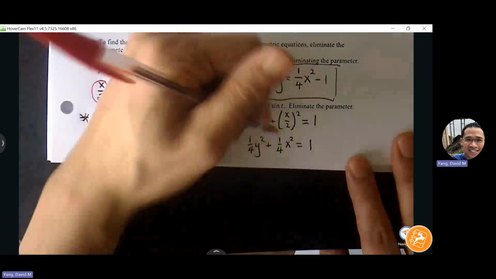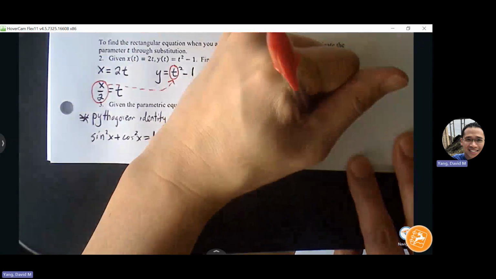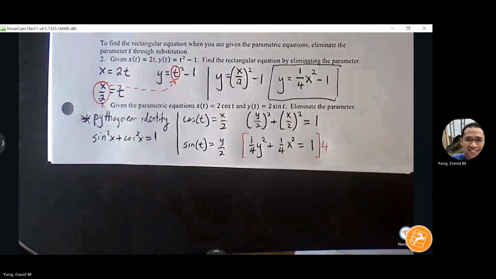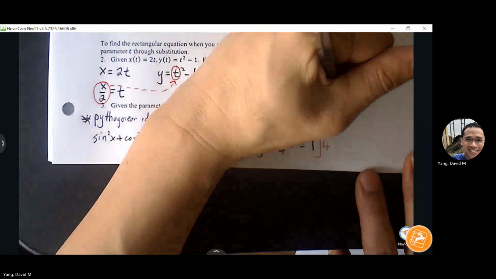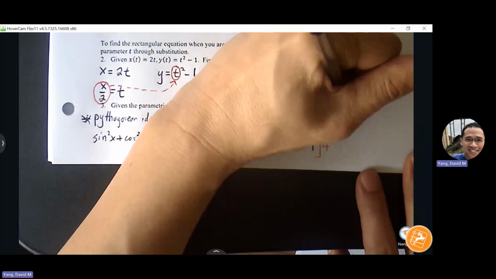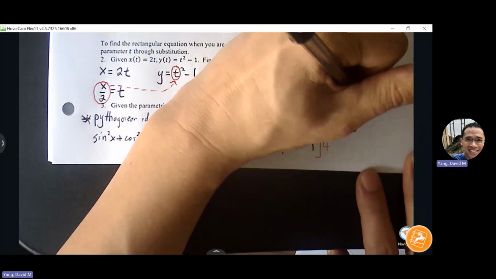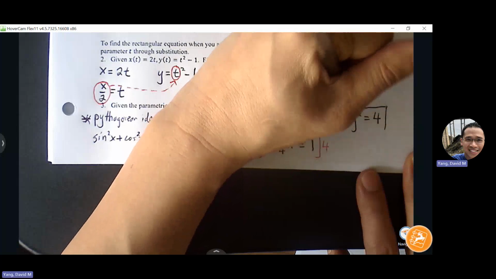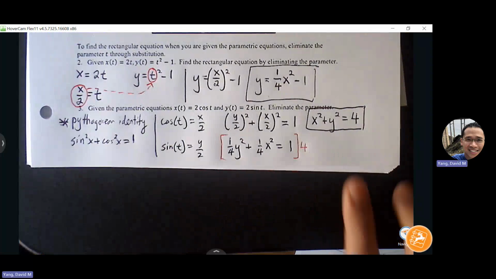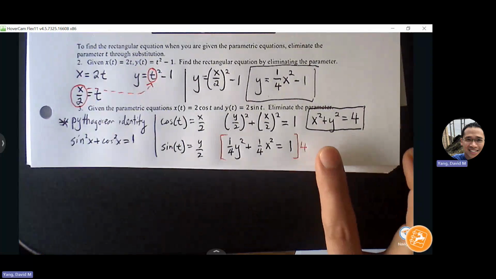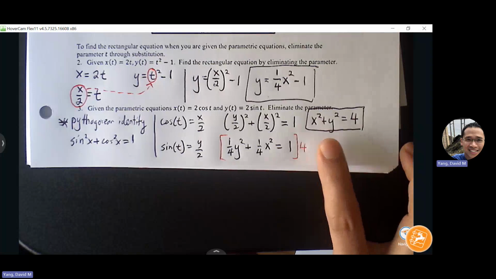To make it even more familiar to us, I'm going to multiply everything through by 4 and rearrange the x and y. So x squared plus y squared is equal to 4. Anyone recognize what this is? It's a circle with a center at 0, 0 and a radius of 2.